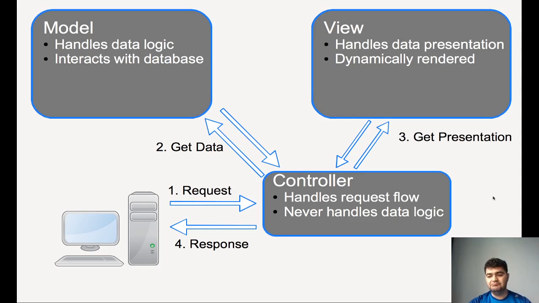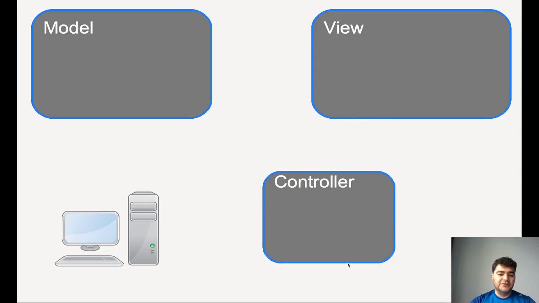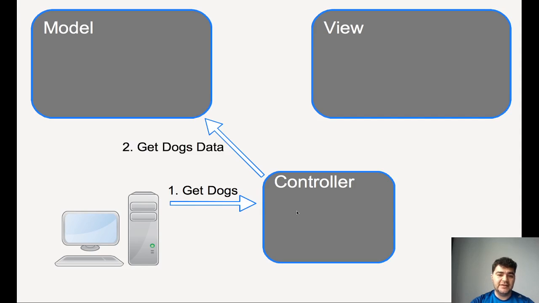So let's have a look at a little more concrete example. Not much, but a little bit. This is how the logic works. The user asks for some dog images or some data about dogs, and sends the request get dogs. Then the controller takes this request and passes it to the model, get dogs data. Then the model handles the data part and the data logic, for example asking a database for data about the dogs, and then passes this data back to the controller.